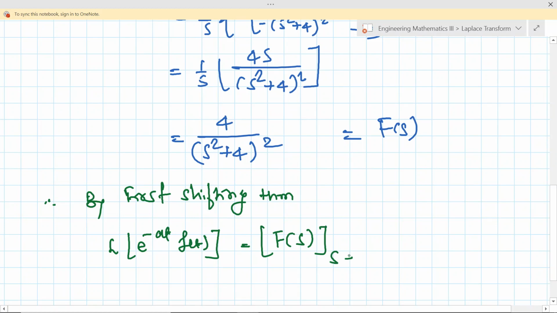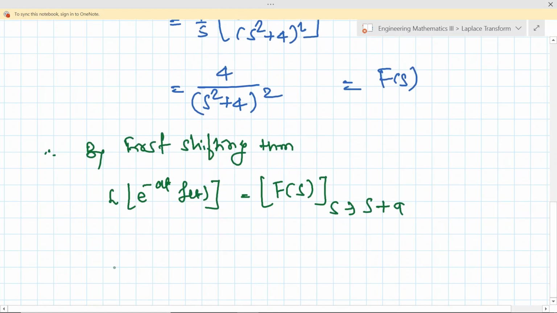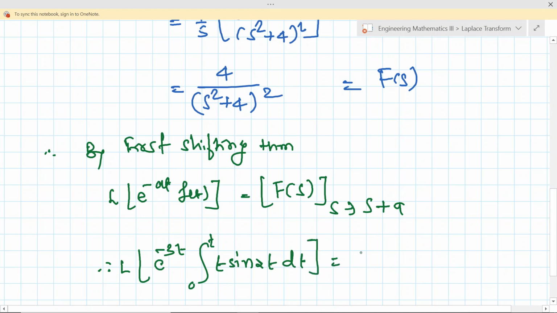And therefore Laplace of e raised to minus 3t into f of t, which is integration 0 to t of t sine of 2t dt, is equal to whatever our F of s is. F of s is nothing but 4 divided by s square plus 4 bracket square.